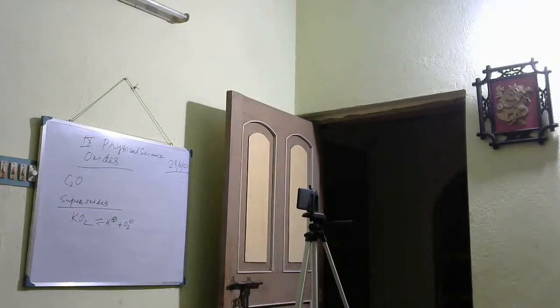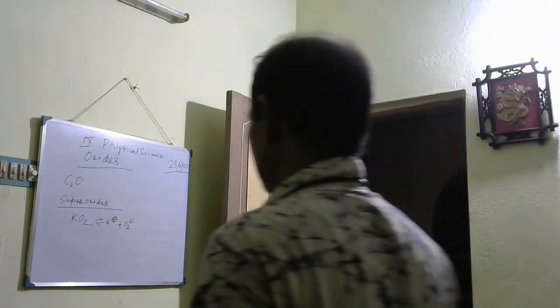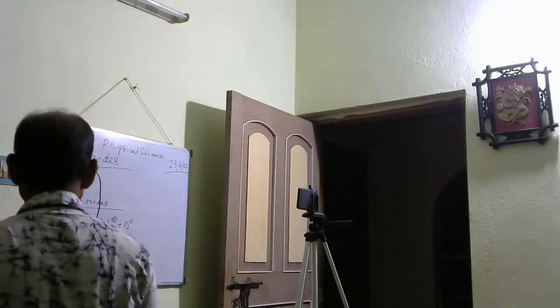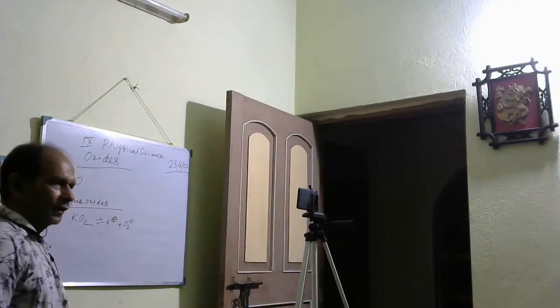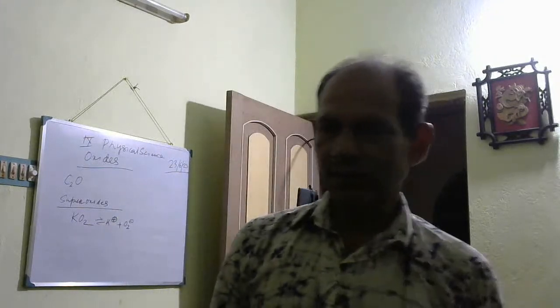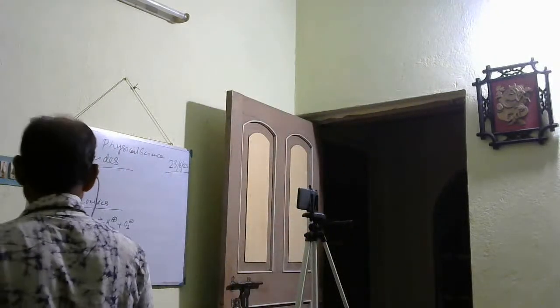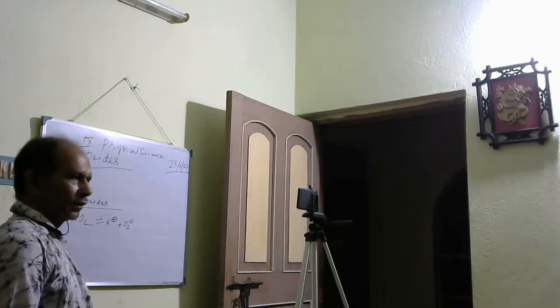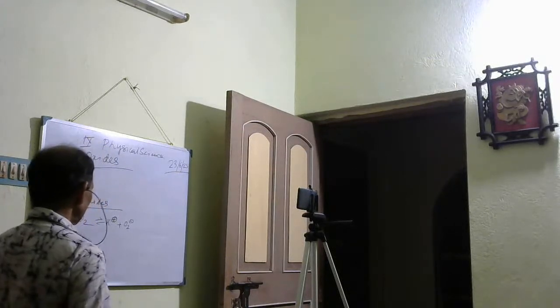There is another point here. O2 minus, I repeat, O2 minus is a paramagnetic species, as it contains unpaired electrons.